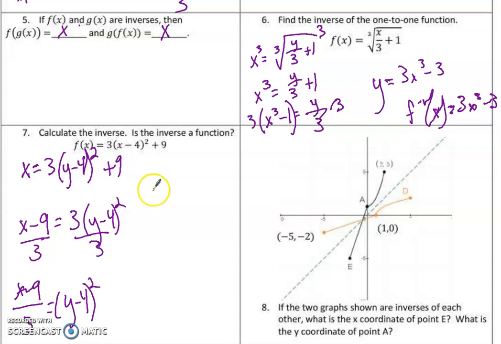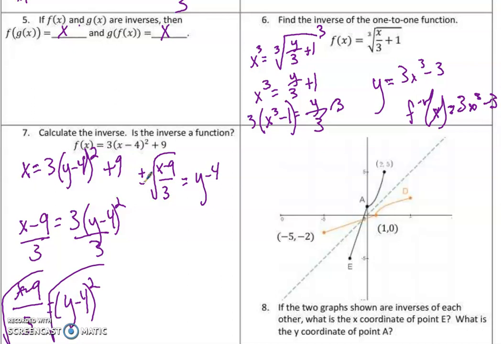So the square root of (x minus 9) over 3 is equal to y minus 4 because I took the square root of both sides. But because I took the square root of that left side, I also have to remember that I've got to put that plus minus symbol because I have a positive answer and a negative answer anytime I take a square root or any even root.